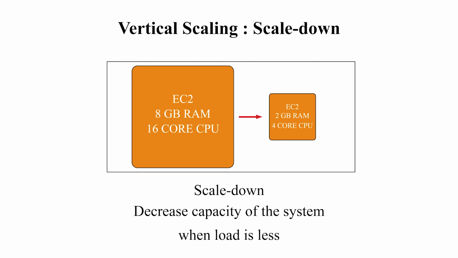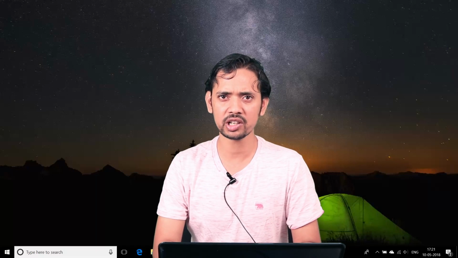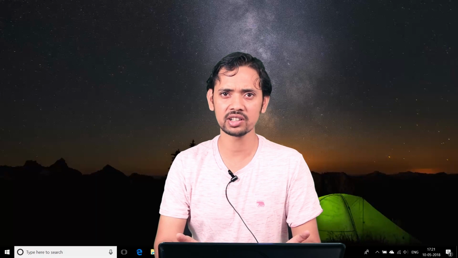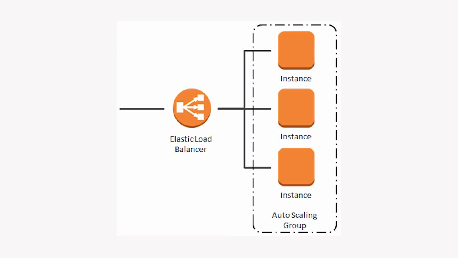Scaling up and scaling down in vertical scaling is okay, but how do you divide the traffic across multiple servers in case of scale out? When you've got multiple identical servers doing the same thing, you need a mechanism to distribute the traffic across those servers so that each server can process the requests and give back the response.